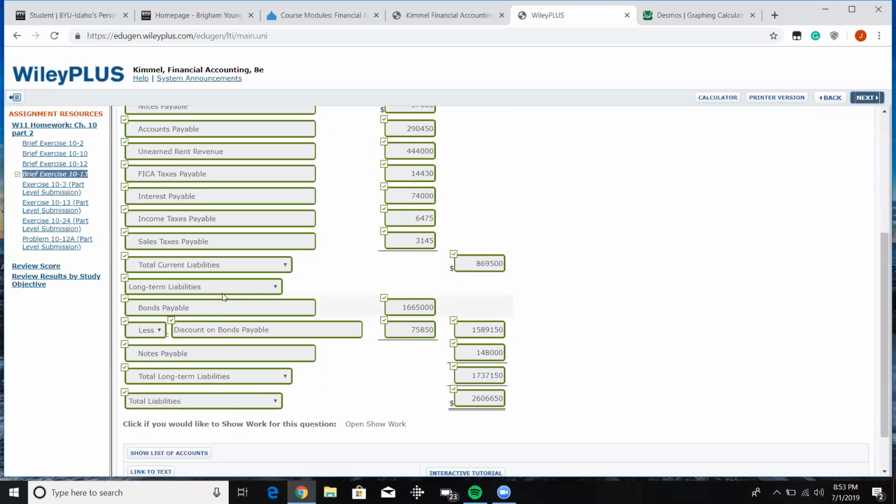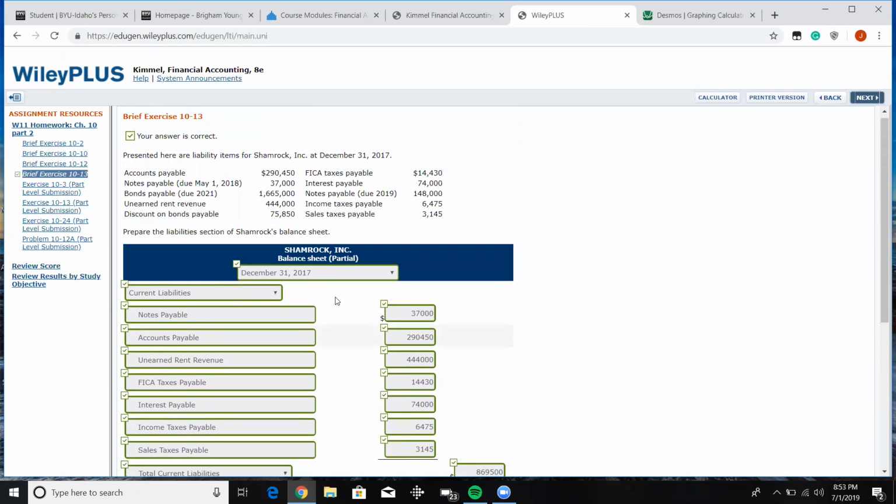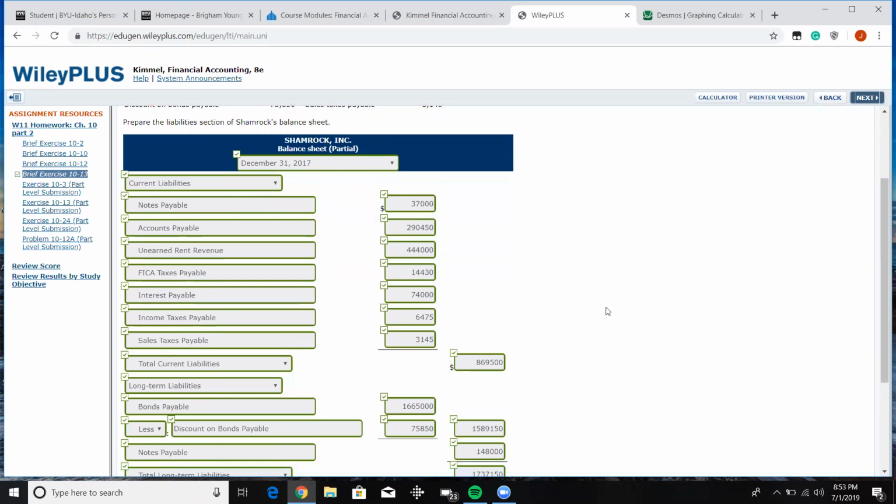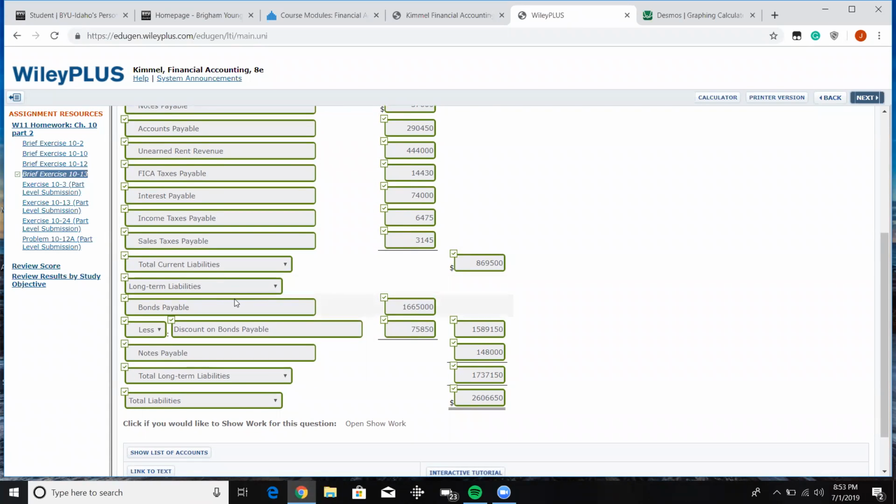Then we're going to talk about long-term liabilities, things that are due well into the future, beyond a year out. And so we're going to look at our bonds payable, and we have quite a bit. So it's $1,665,000, and that's going to go on top.